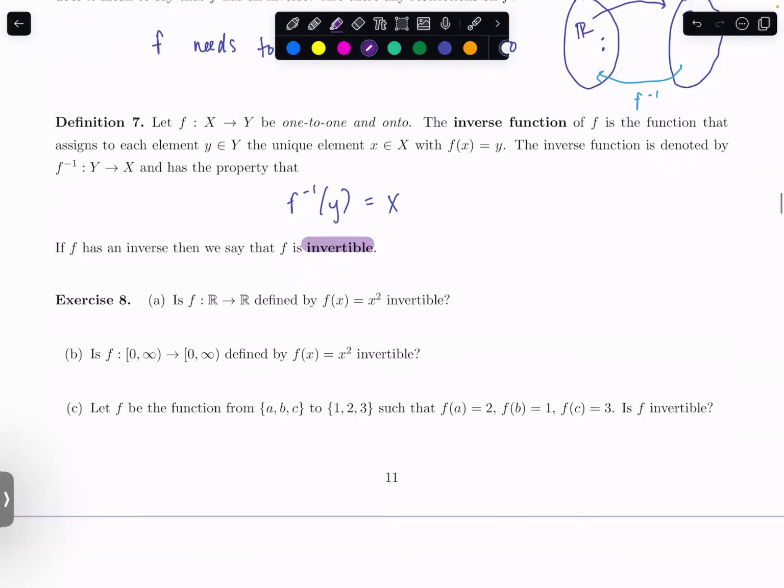All right, so we have these questions on number 8 here. Is this function from R to R given by f of x equals x squared invertible? We decided that this wasn't one-to-one or onto.